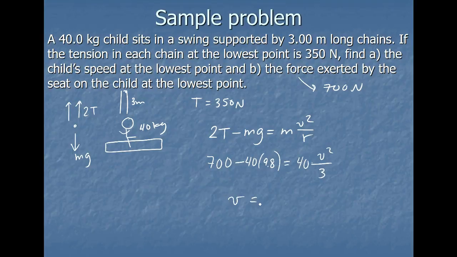Then we could solve that for v. Okay, and so that turns out to be 392 divided by 40 times 3, and it turns out that this is about 5.4 meters per second.